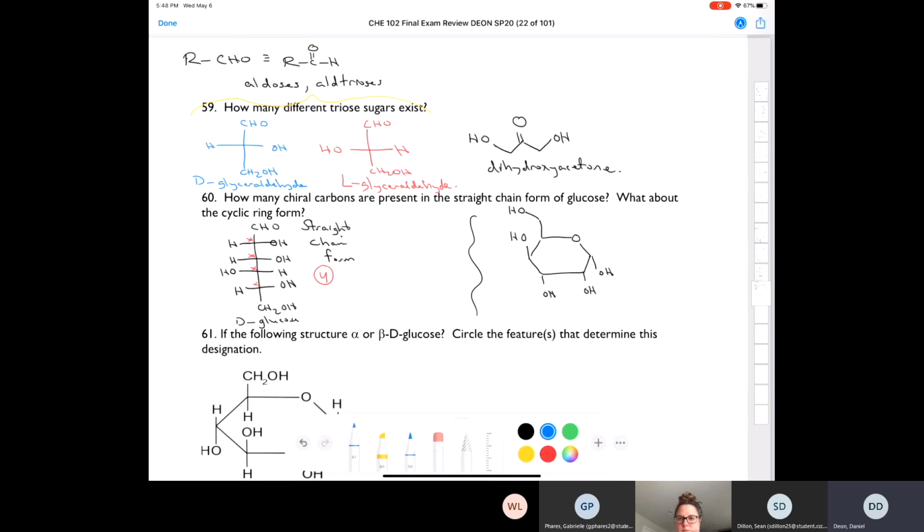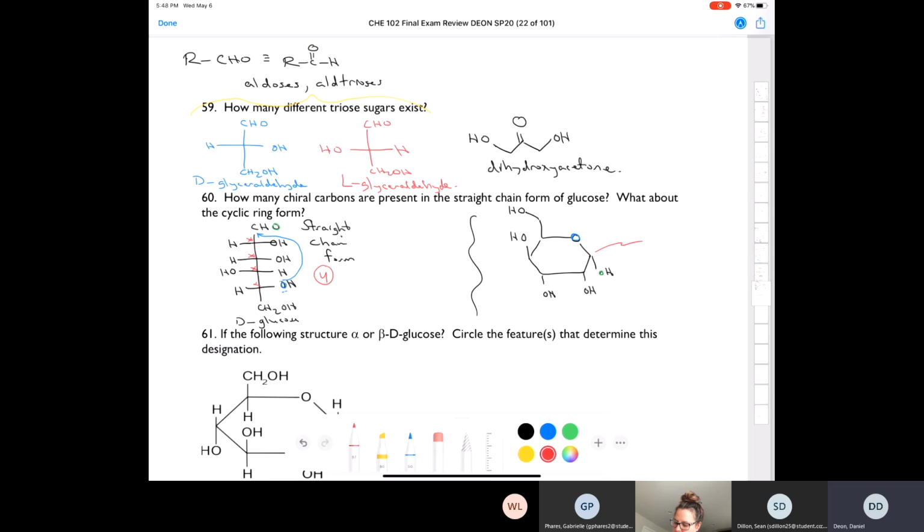Now, I don't expect you to be able to draw this or anything. But what happens is this oxygen that I'm highlighting in blue is the one that forms the hemiacetal with this carbon. So this oxygen that I highlighted in blue is actually this oxygen here. I'll highlight this oxygen in green, and that's this oxygen over here. In the cyclic form, you actually produce an extra stereocenter, and it's the anomeric carbon.